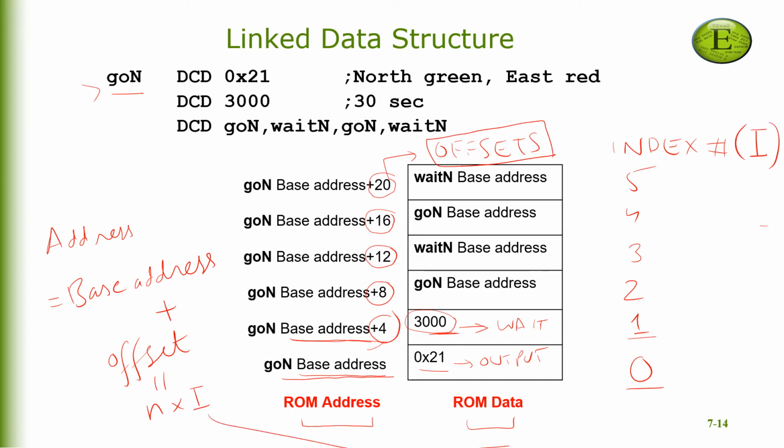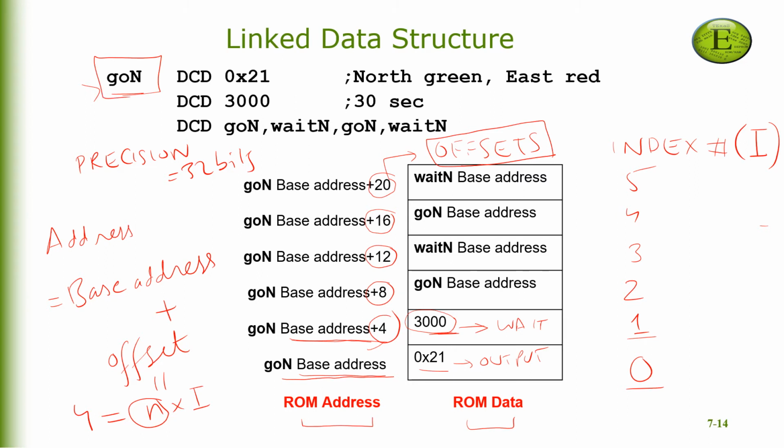It's the same I representing the index. And n is equal to 4 because the precision is 32 bits. Therefore, we can calculate the complete address of any of these elements of the array of GoN.